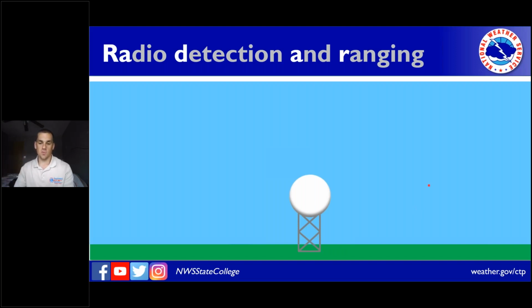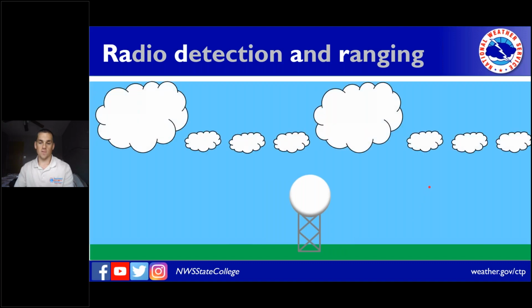But to show you the visual of what it looks like here, pretend on a sunny day we start to get afternoon cumulus clouds building, and then we get showers and thunderstorms developing from that.